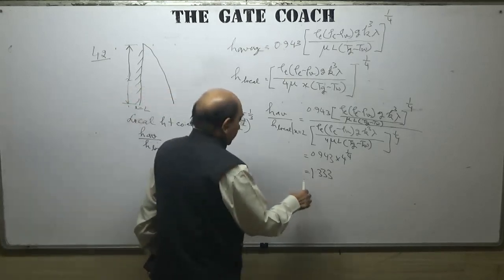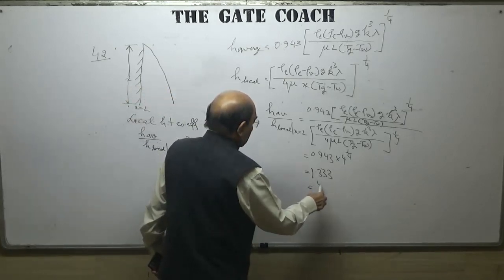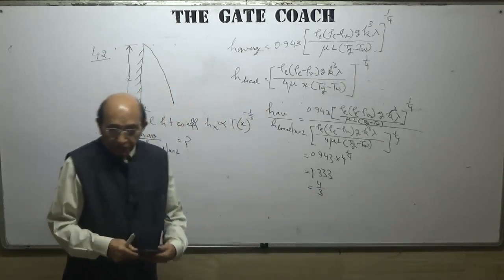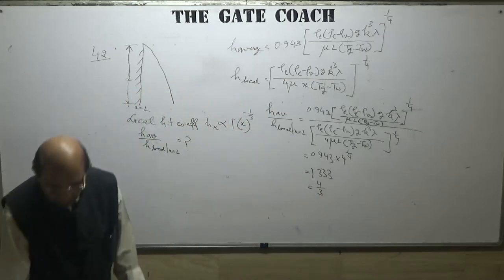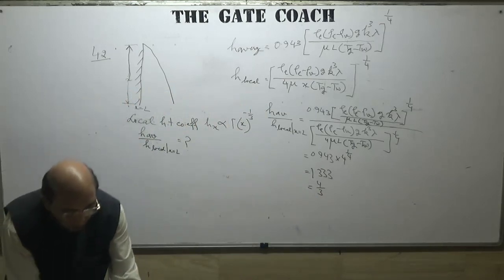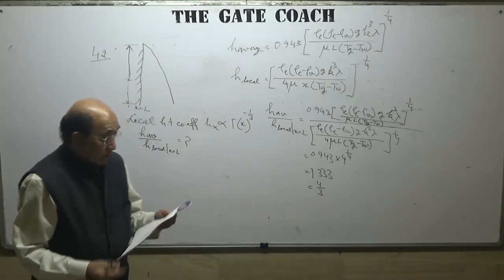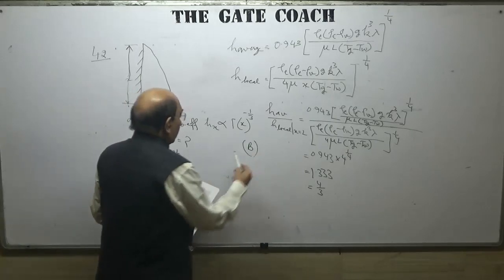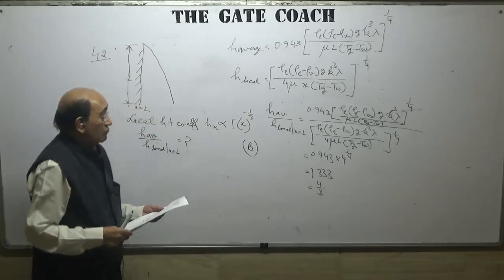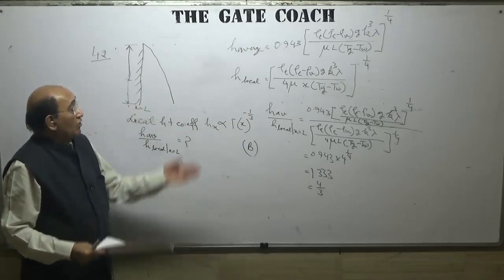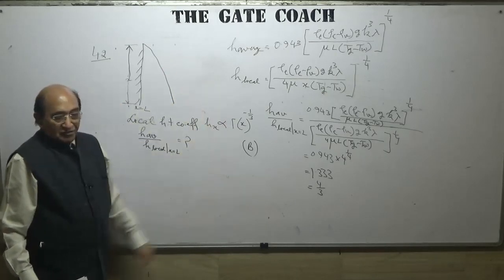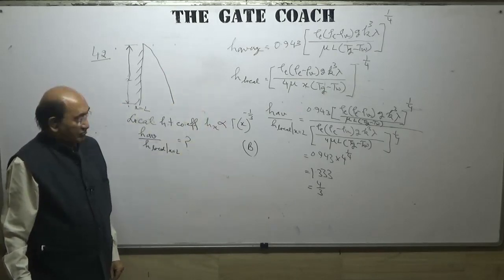And if you see the answer, one of the answers is 4 by 3. And this is option number B. So if you remember this, there are two equations to be written.